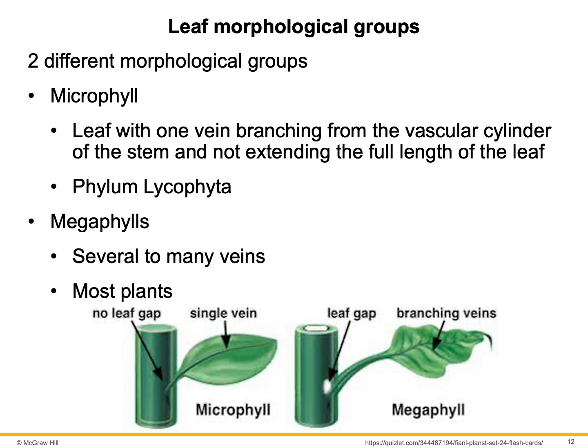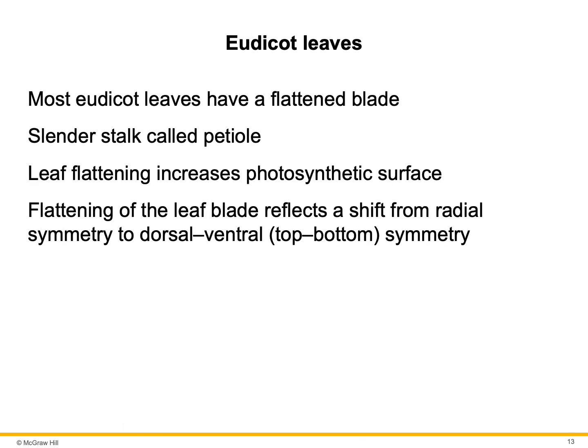The other morphological kind is called a megaphyll. Megaphylls are found in many plants. They have several to many veins, and most plants contain this type of leaf. Especially, most eudicot leaves have a flattened blade and a slender stalk called a petiole.